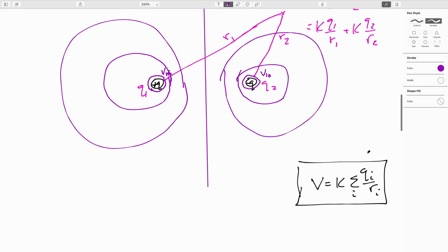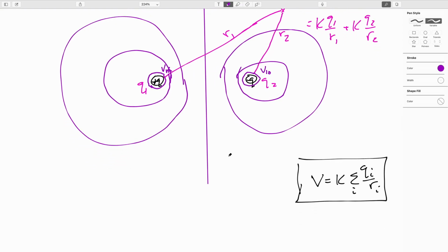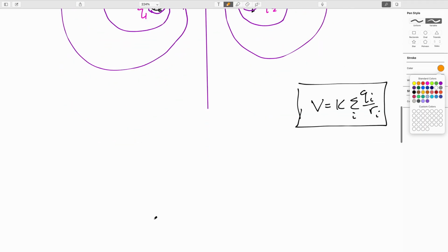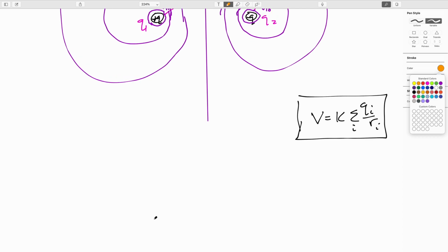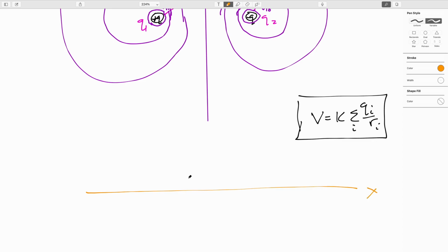Now, just for a quick note here, because this can look a little funny, this is a case where making other graphs can be useful. So here, I'm going to plot the voltage just as a function of our x-coordinate, and I'm imagining our x-coordinate is going right through the center, right through our charges here.